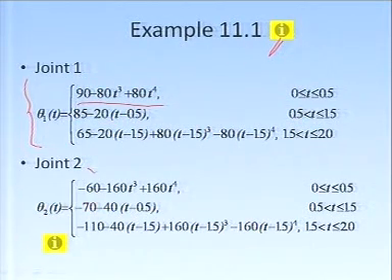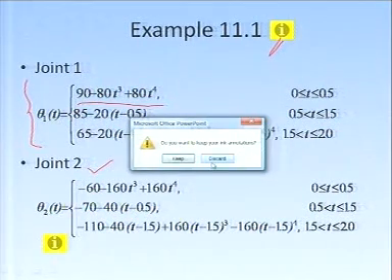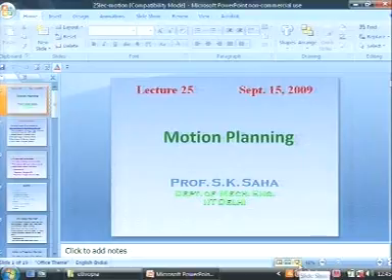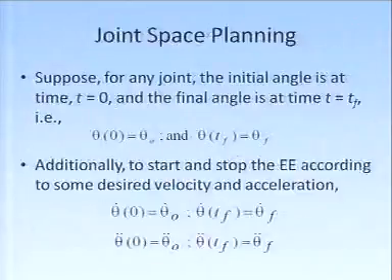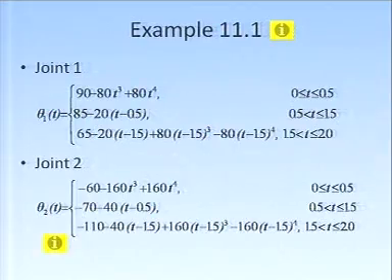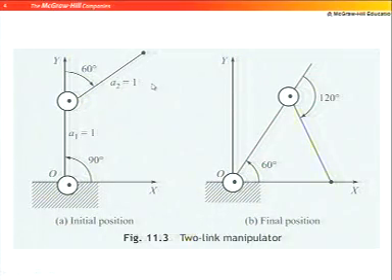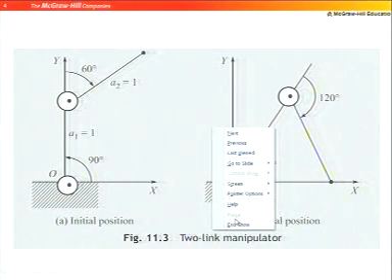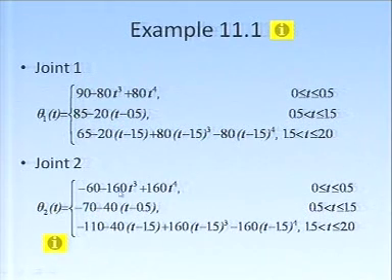For joint 2, I can similarly find the motion, which is from 60 degree to 120 degree. You can calculate as homework that these are the equations you are getting.